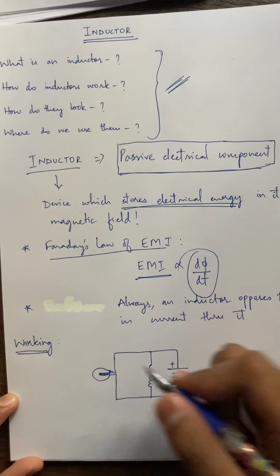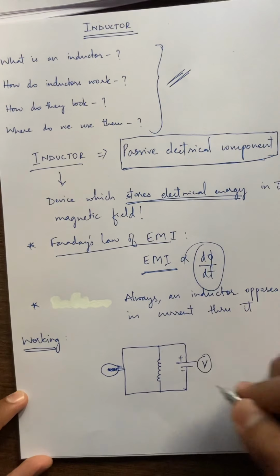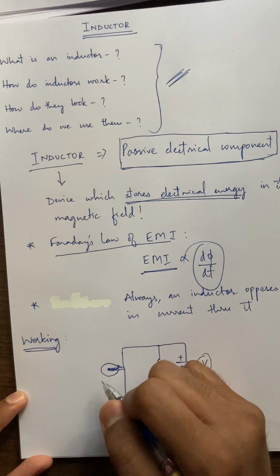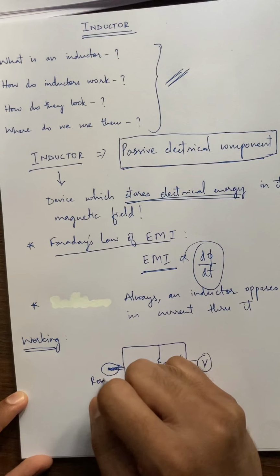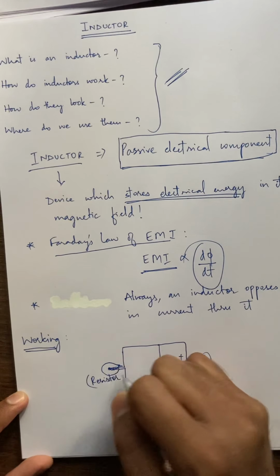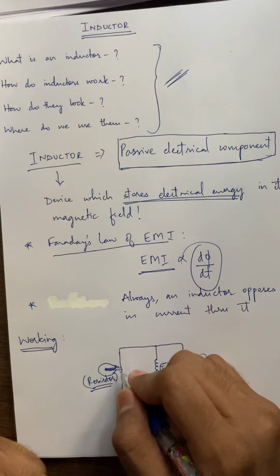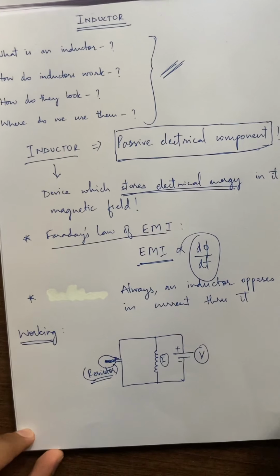Now, one thing you have to remember is this is a voltage source, this is an inductor, and this is a light bulb or a load or a resistor. Any load in the circuit acts as a resistor, so a resistor is automatically provided in the circuit.